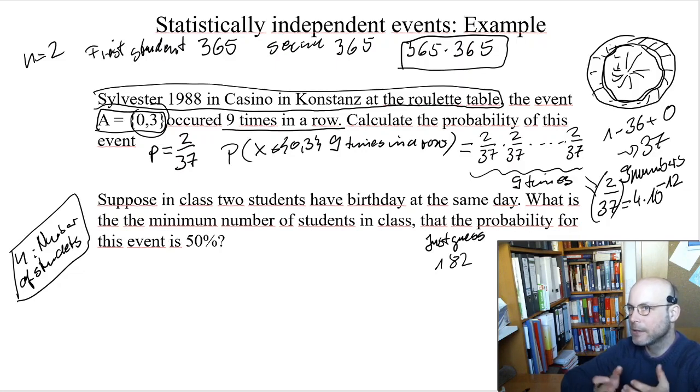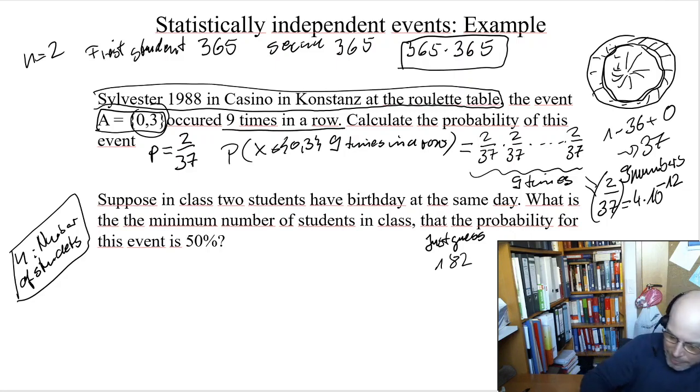That is then not 365 squared, but 365 to the power of n possible distributions of birthdays.